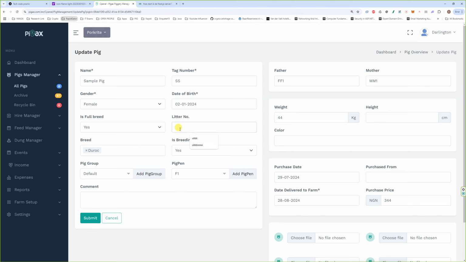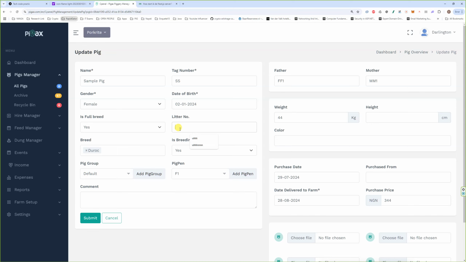If the mother gives birth to another set after 3 months, that's a different litter number. So it identifies a group that were born on the same day, at the same time. Does that answer your question? By the same mother, exactly. Thank you for that addition.